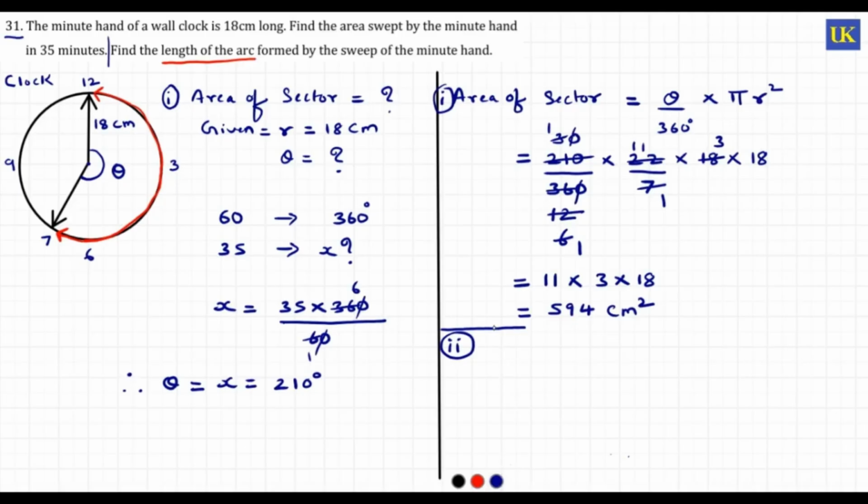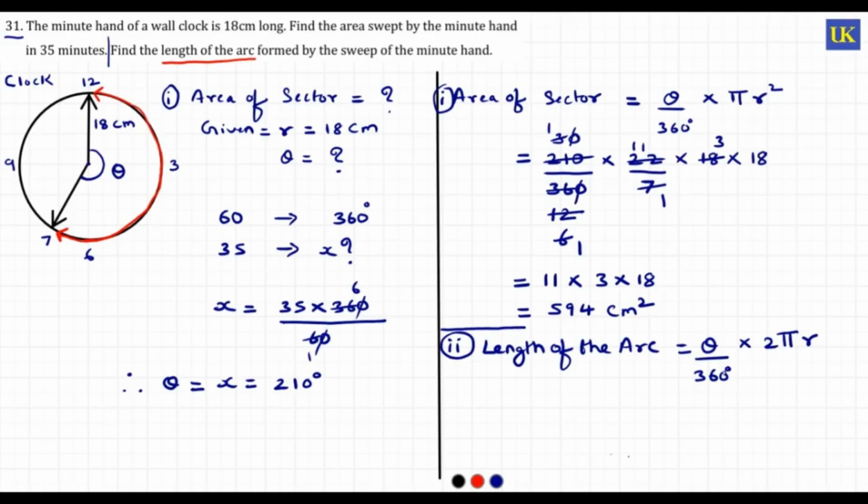We also have a formula to find that. The formula for the length of the arc is theta upon 360 degree into 2 pi r, because 2 pi r gives us the circumference.